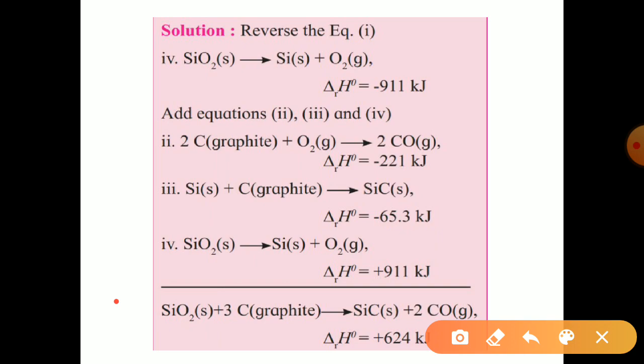Now see here, what gets cancelled: Si is on the left, Si is on the right. Silicon gets cancelled. Now what else? Just pay attention. Oxygen is on the right hand side and oxygen is on the left hand side, so it gets cancelled.